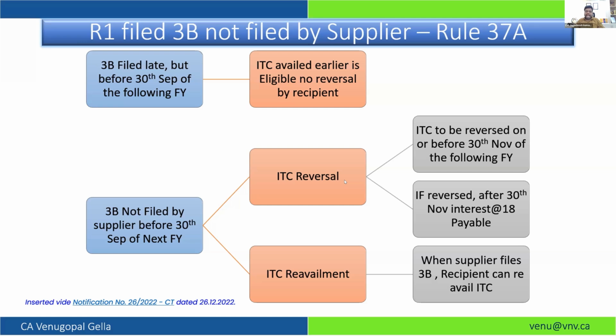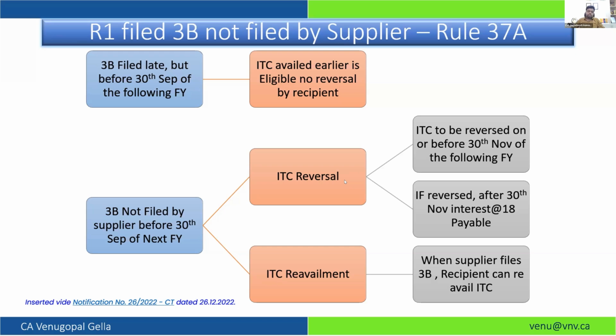In that case, I have to reverse the ITC on or before the 30th November. If I do not reverse the ITC before 30th November, then I need to pay interest from 1st December till he files the GST 3B. Once he files the GST 3B, let's say on 31st December, in that case, I can reavail the credit.